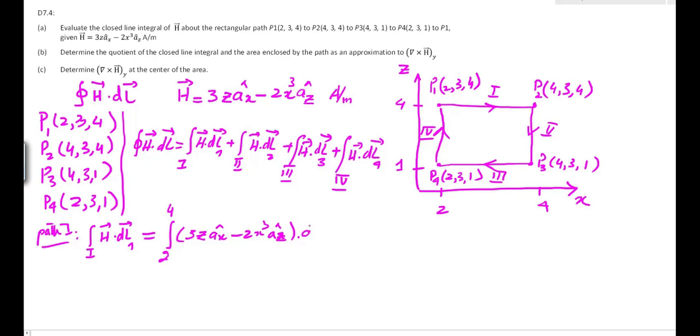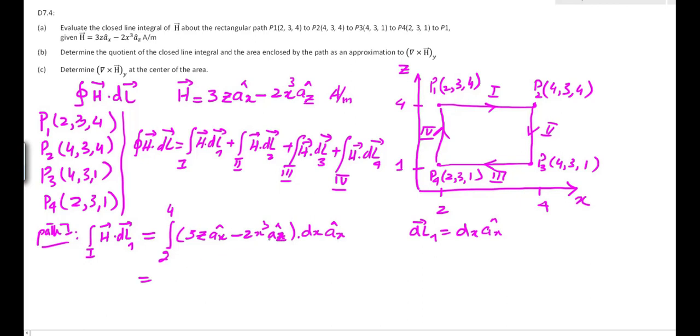The differential length is changing in the x direction only. That's why we can write dl1 as the change in x, dx, in the x direction.